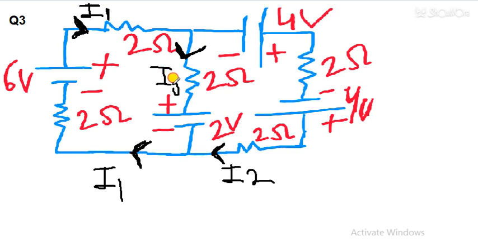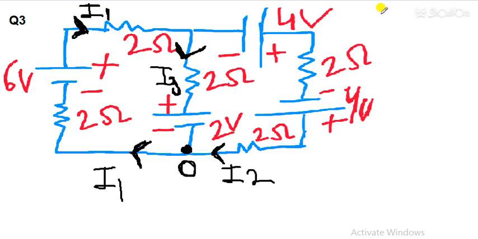Let's take it as point O. So here are three currents, so we can easily see which current is moving away from this point and which is moving towards this point. So I have taken the equation of KCL, that is on the right hand side, top right.